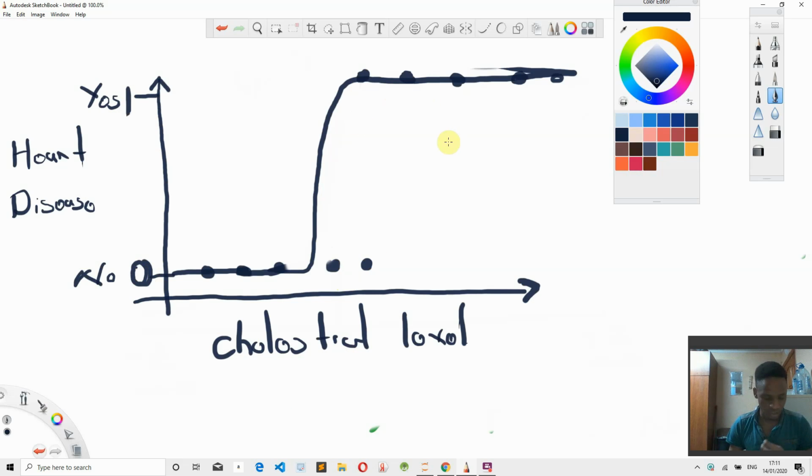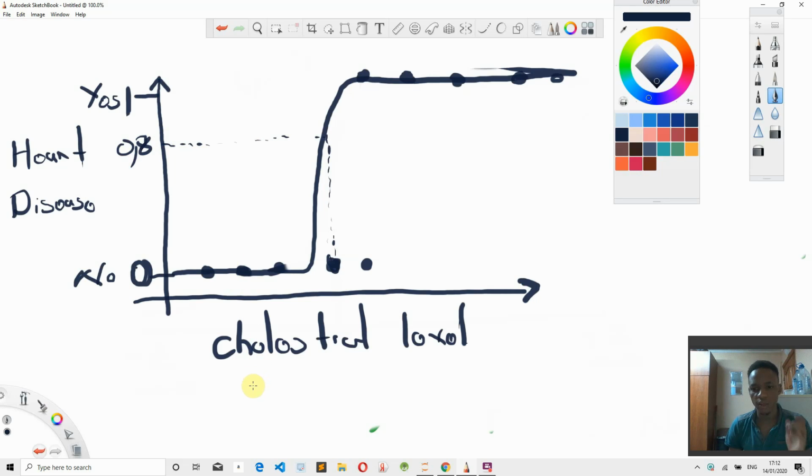Let's say if we take this example here, it's somewhere here, around maybe 0.8. This tells us that based on this cholesterol level, there's an 80% chance that this person has heart disease.